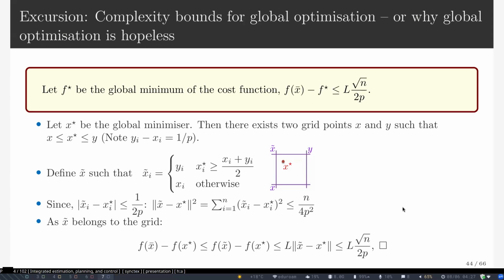I can always find a third point in that square grid, I call it x tilde, that in each dimension takes the value of y if it is closer to that corner, otherwise it takes the value of x. So this is the closest point to the optimal solution.